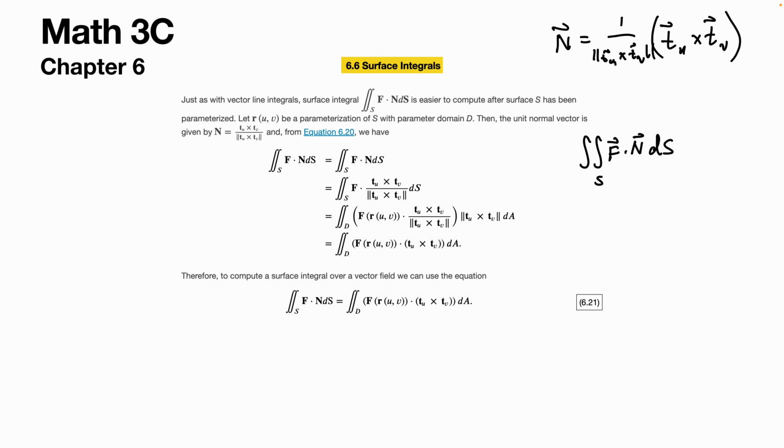So when we look at the n vector and swap it out with that quantity, let's also recall that the surface area differential we found was this familiar norm of the tangent vector in the u direction cross the tangent vector in the v direction on regular flat area.